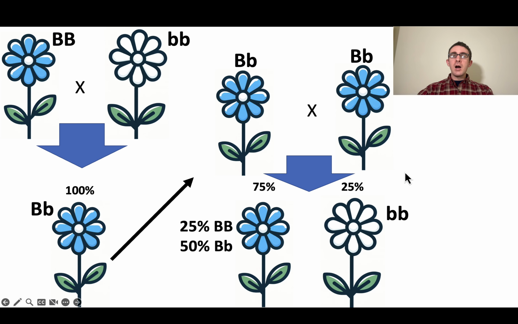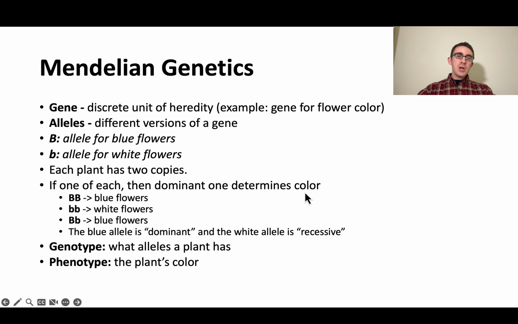We now can understand what's going on with these distributions of flower colors based on this Mendelian model of genetics. I repeated this slide just to remind you guys of all these terms we just defined. Again, this was an early, primitive model of genetics and heredity, so some of these things are defined in very abstract terms. It's like gene, discrete unit of heredity. It's very abstract.